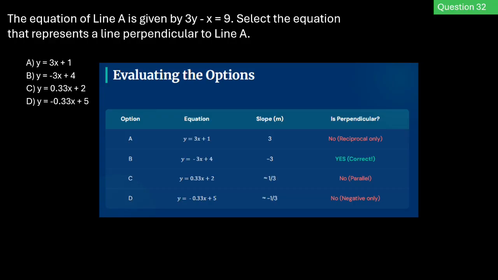This line is parallel to line A, not perpendicular. Option D, y is equal to -1/3 x plus 5 gives us a negative slope, but it fails to flip the fraction. That leaves us with option B, y is equal to -3x plus 4. It perfectly hits our target slope of -3.